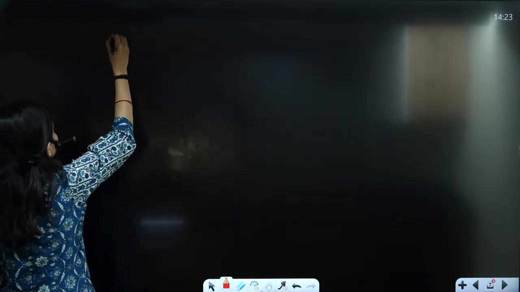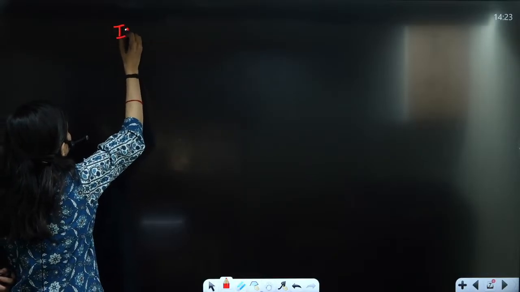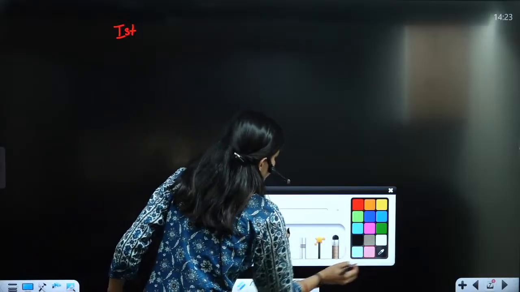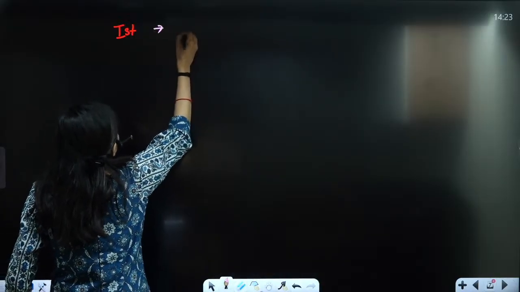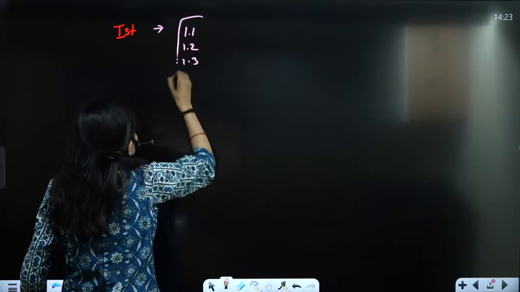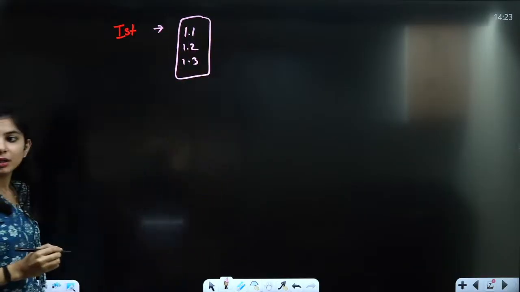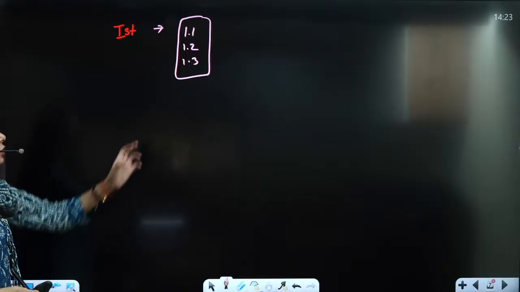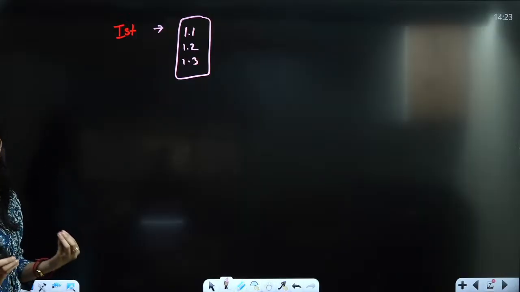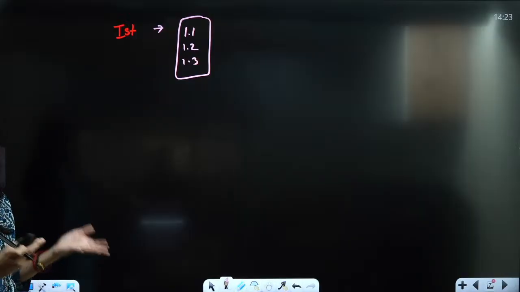Fine. So let us suppose for the first lecture we have units 1.1, 1.2 and 1.3. The duration depends upon the topic. We are not going to have it in the back of our mind that the lecture should be for 2 hours only.